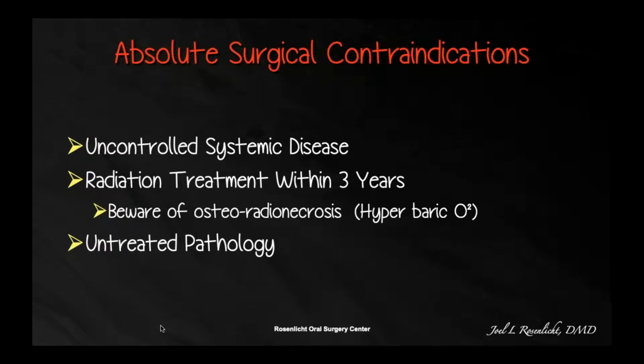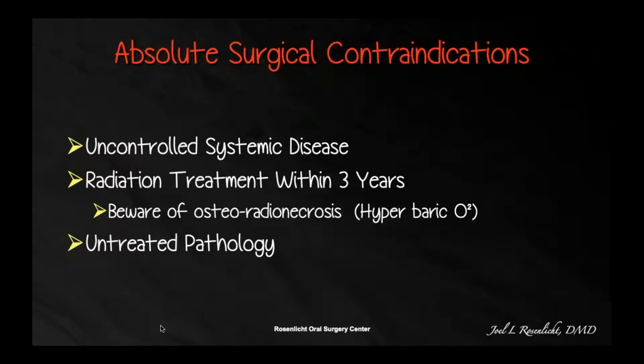Okay, so what are the things that are going to convince us not to do any surgical procedures on patients? Well, I think that would be uncontrolled systemic disease, or radiation treatment maybe within the last 3 years. And if we do need to treat these patients, we should be aware that the complication of osteoradionecrosis is really significant.